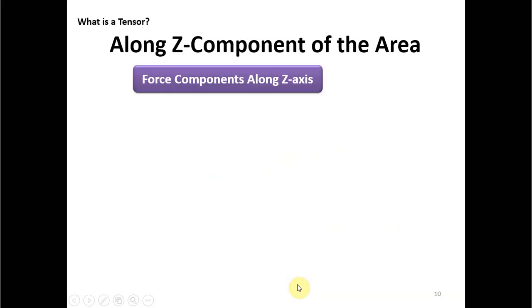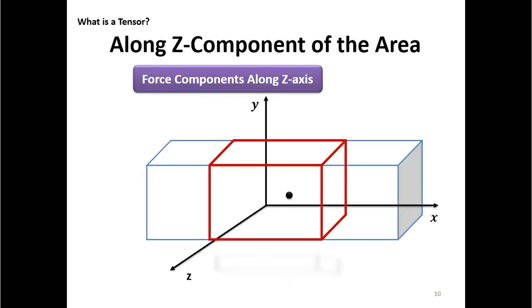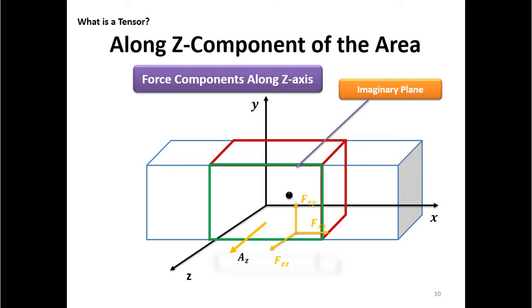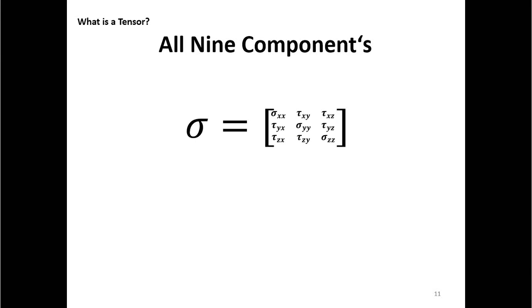If we take the third imaginary area, perpendicular to the z-axis, this will be Az, and calculating the components again, we will get tau zx, tau zy and sigma zz. So you have seen now that stress is a physical quantity which actually has 9 components, as you can see over here in this matrix.